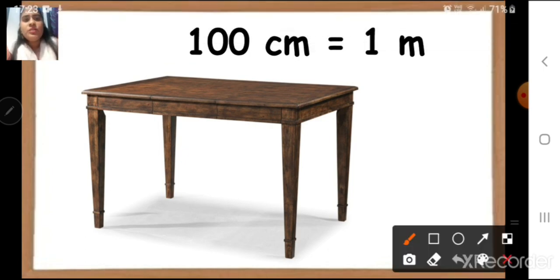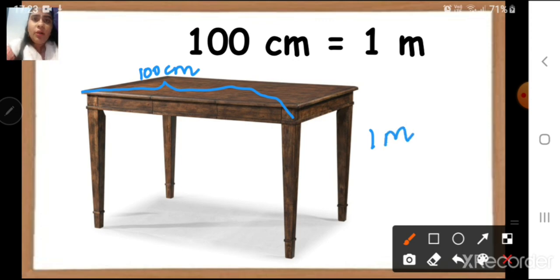When I measured from here till here, it is 100 centimeter. Now instead of writing 100 centimeter, I can also say that it is equal to 1 meter, because 100 centimeter is equal to 1 meter.